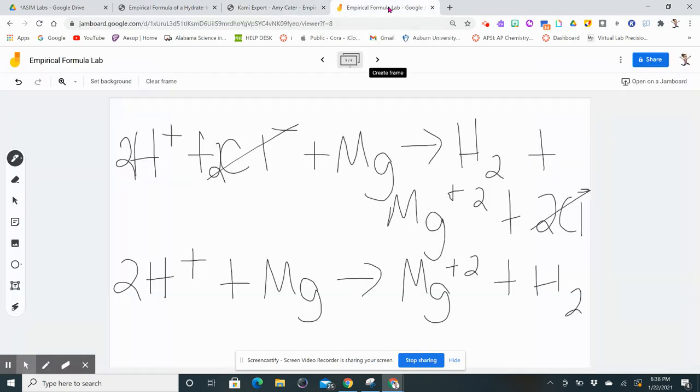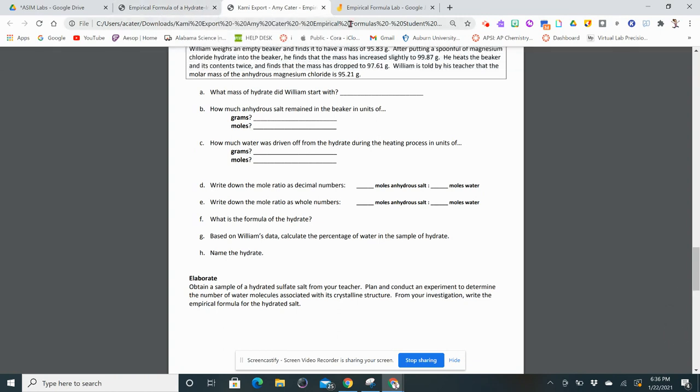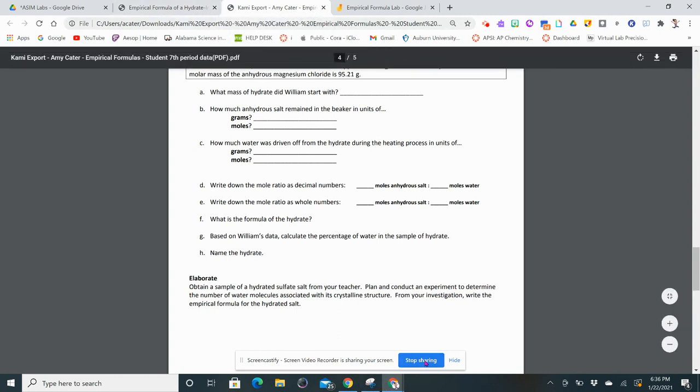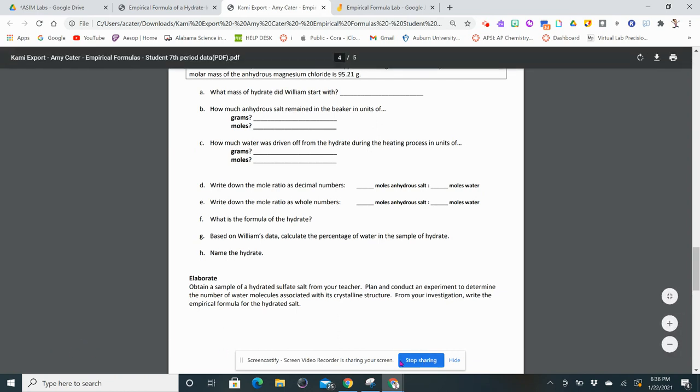So I will be changing the due date on both this lab and the lab report. Okay. So if you have any questions, jot them down. Make sure you join the Google Meet on Tuesday so you can get all this information that you'll need. All right. That is it.